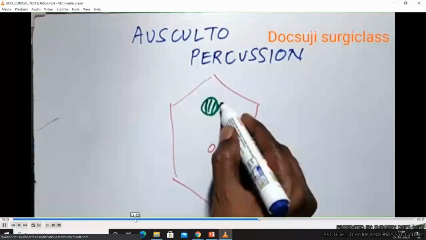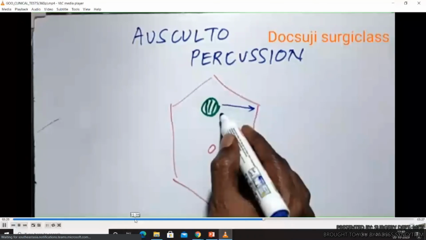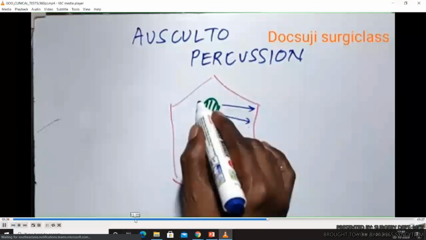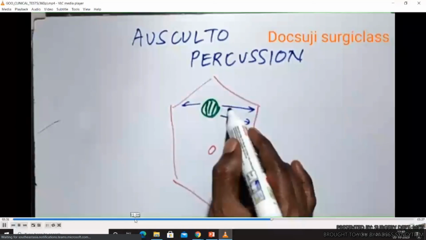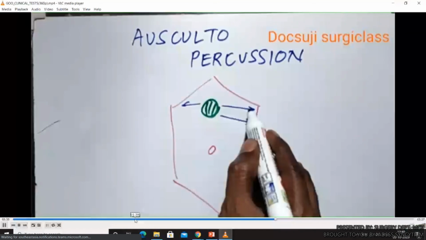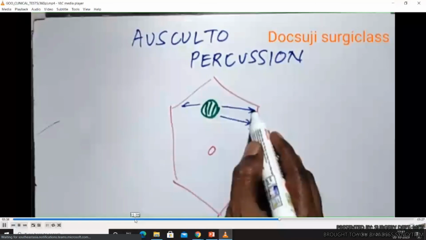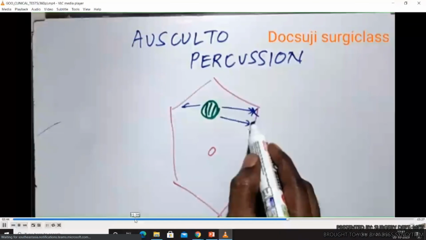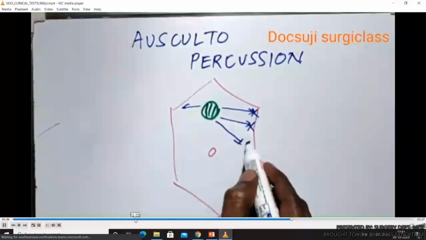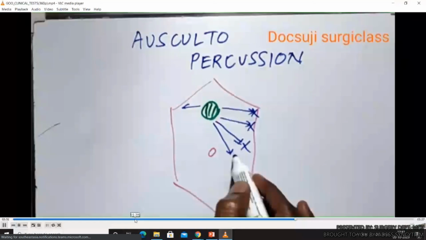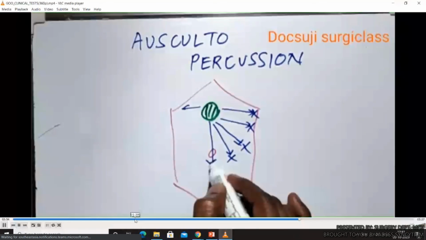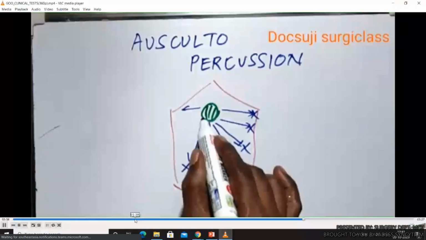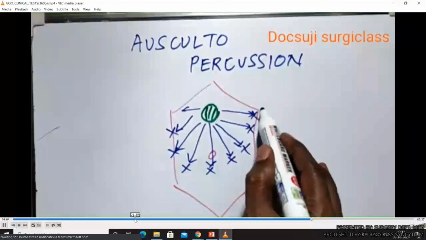You scratch the anterior abdominal wall from the chest piece outwards, and there will be a change of sound. Where the change occurs, you just mark it, and afterwards the markings are joined.